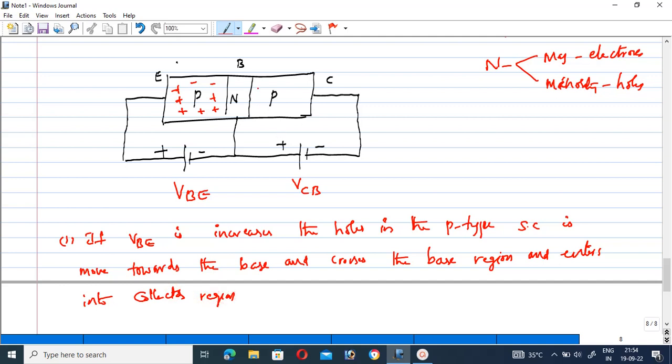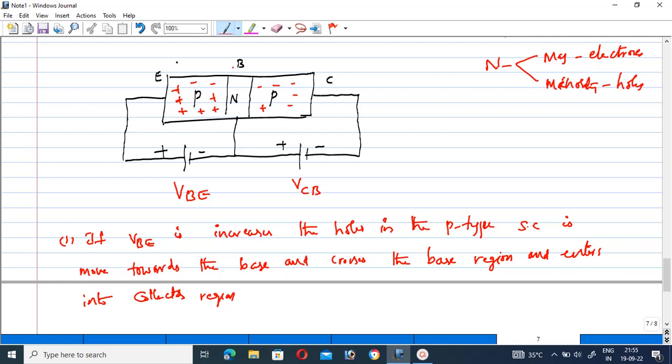Okay, enters into the collector region. At this time, these are the electrons that are present. Sorry, so here the holes are moving in this direction, right? Not electrons. So if VBE increases, holes in the P-type semiconductor move towards the base, cross the base region and enter into the collector region.